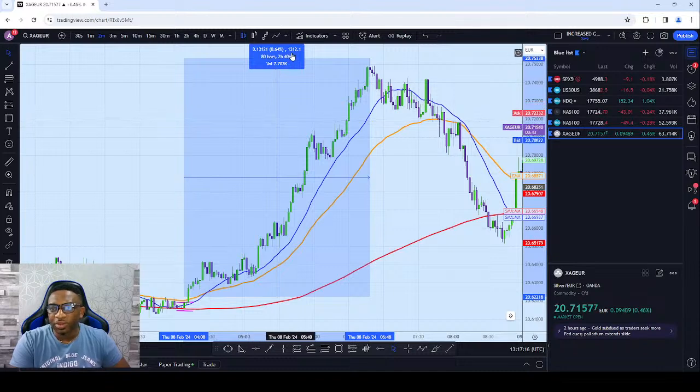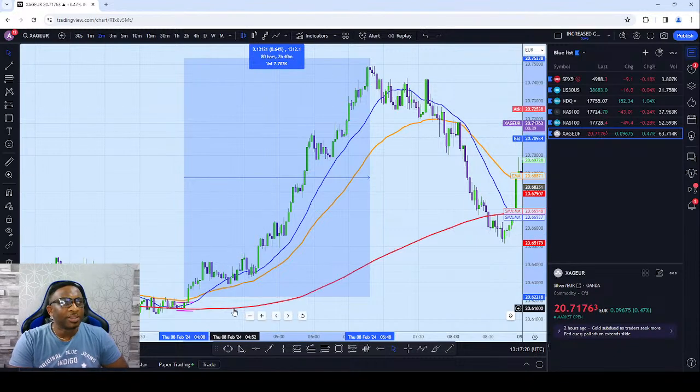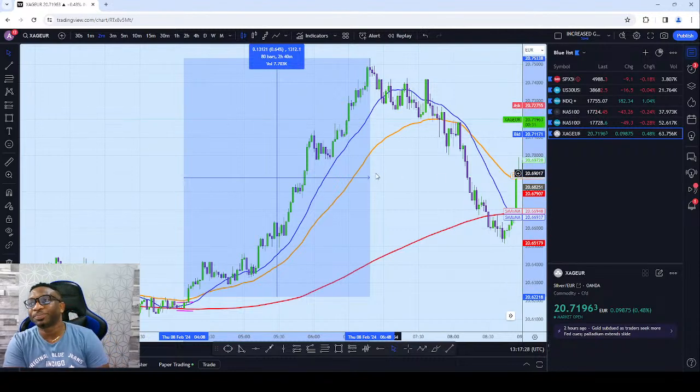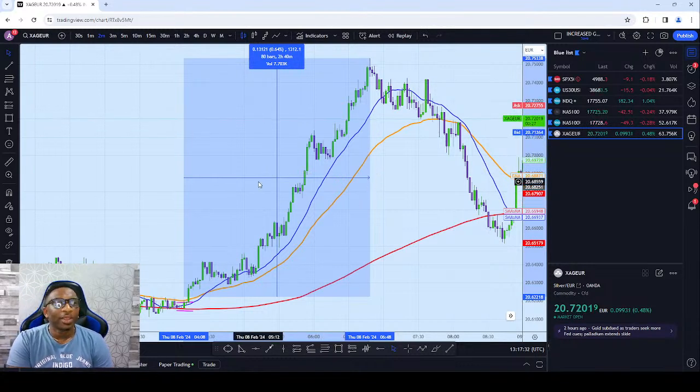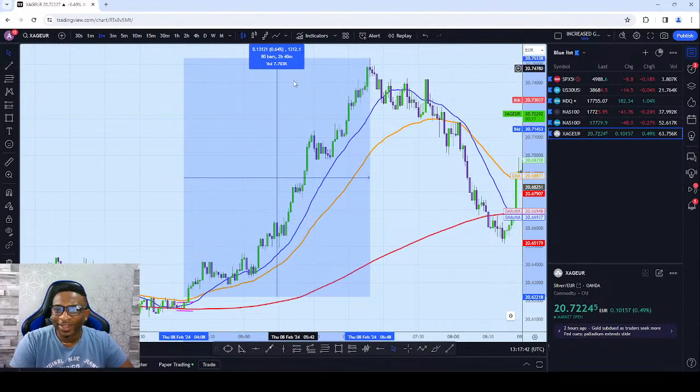According to this measurement, it's about 1,312 pips times whichever lot size you traded with. I can hear somebody going oosh. That's a lot of money.